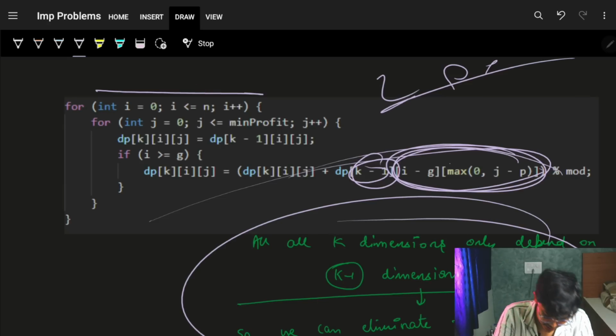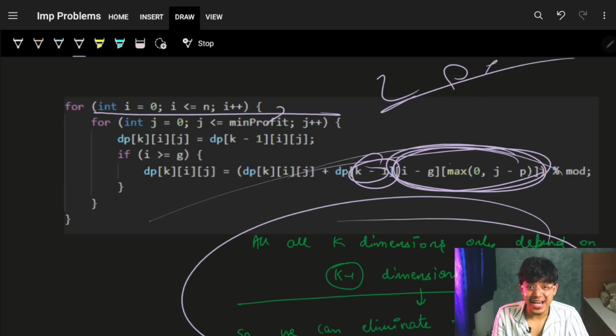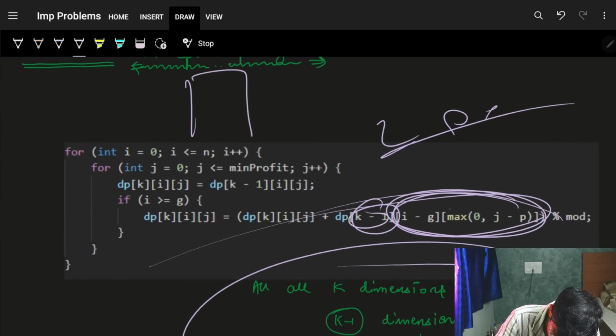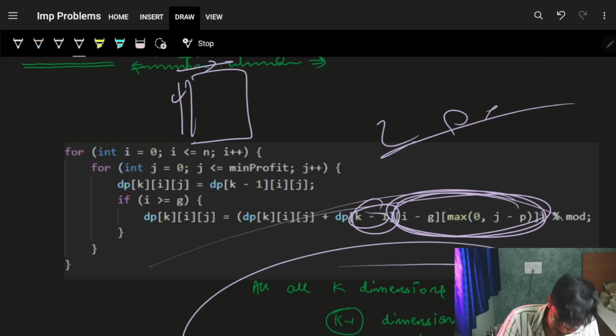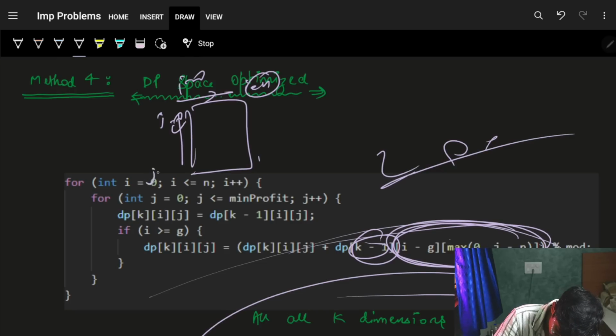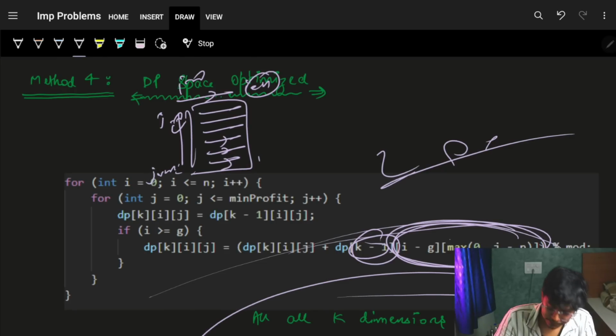Your j was also increasing, which means your DP array was filling up from top to bottom, because i was from 0 up till n, and j was from 0 up till minimum profit. So it was moving like this, right?